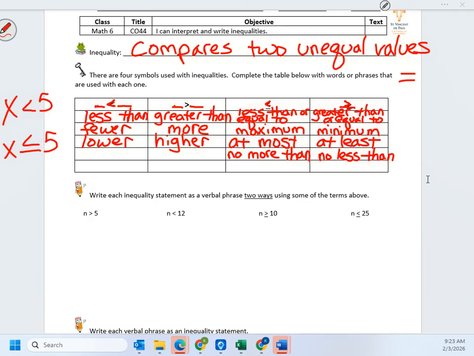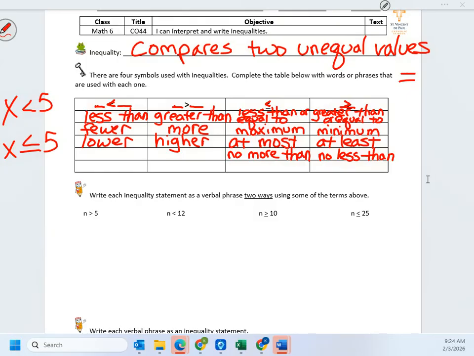Now, are there other verbal phrases that we could add to our table? Yeah, just like when we did the adding and subtracting, multiplying and dividing, we put some verbal phrases on there, and then I said, there might be more. So as we're doing our homework, if you come across some phrases that aren't on there, you're gonna figure out which one they fall under, and you can add to it.